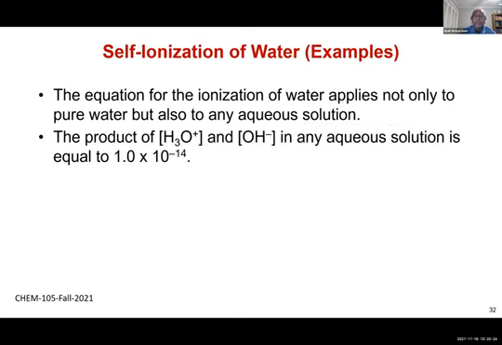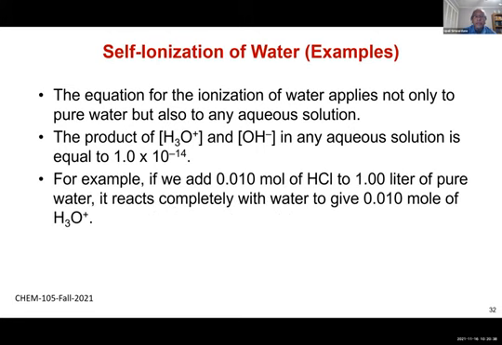The product of hydronium ion and OH ion in any aqueous solution is 1 times 10 to the negative 14, the ion product of water.